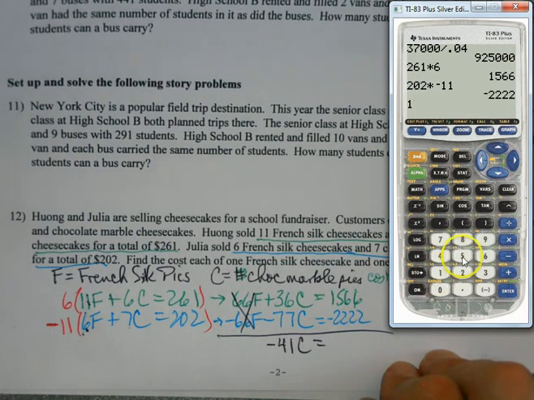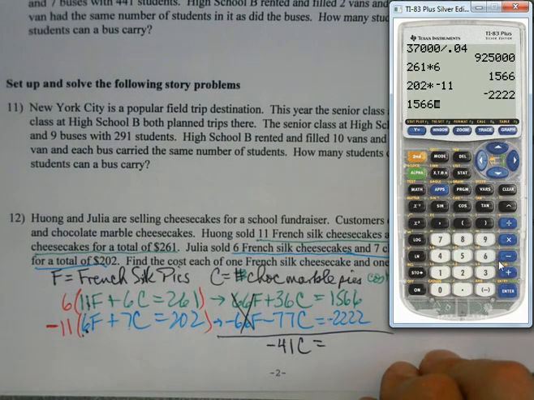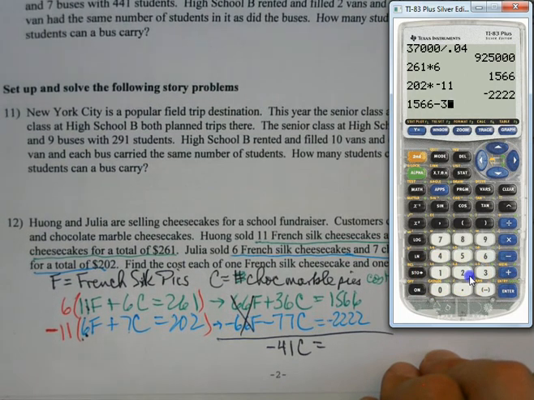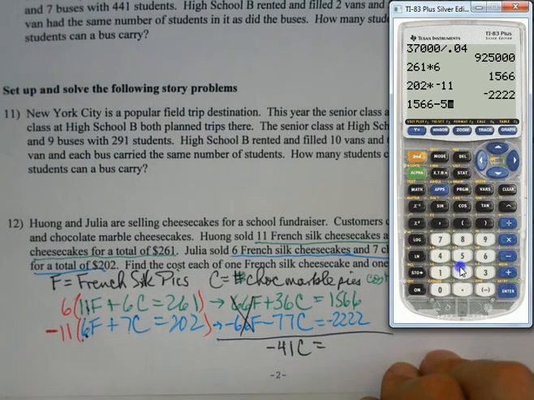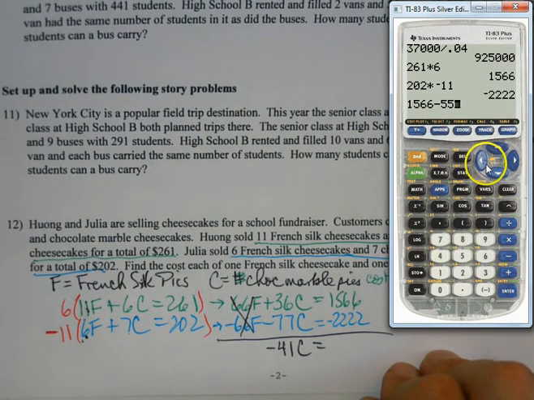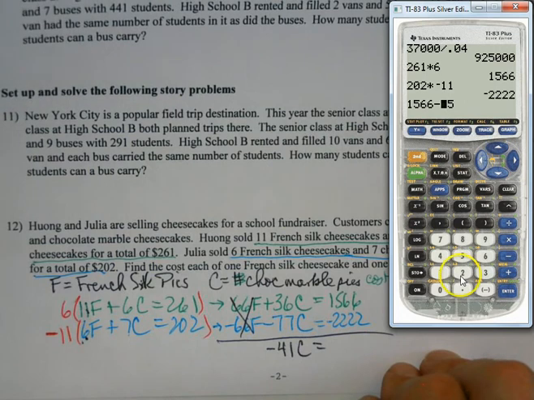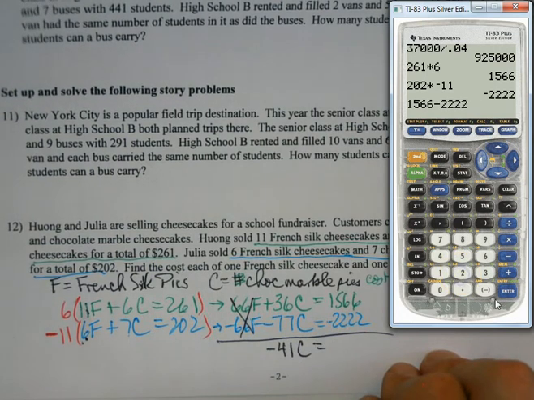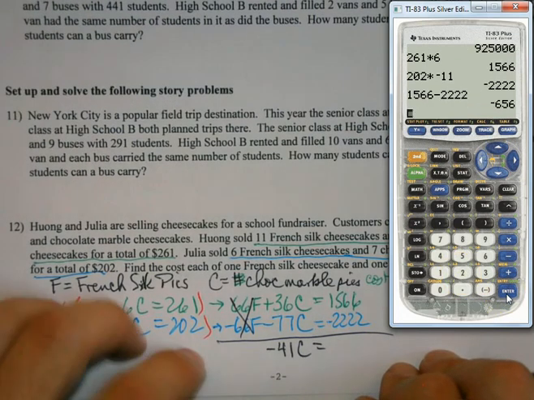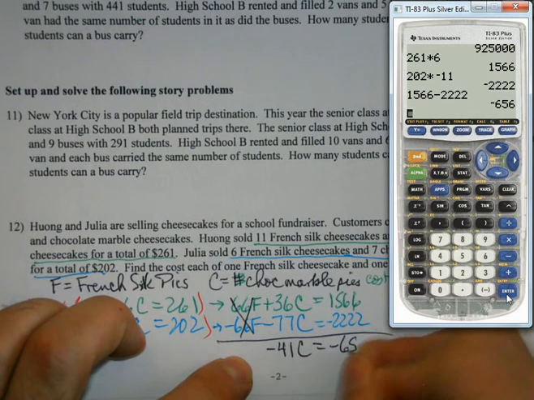So 1566 minus, twos are wild. I don't think I was hitting 3. 5? What? Technology is great till it has a mind of its own. Okay. There we go. Negative 656.